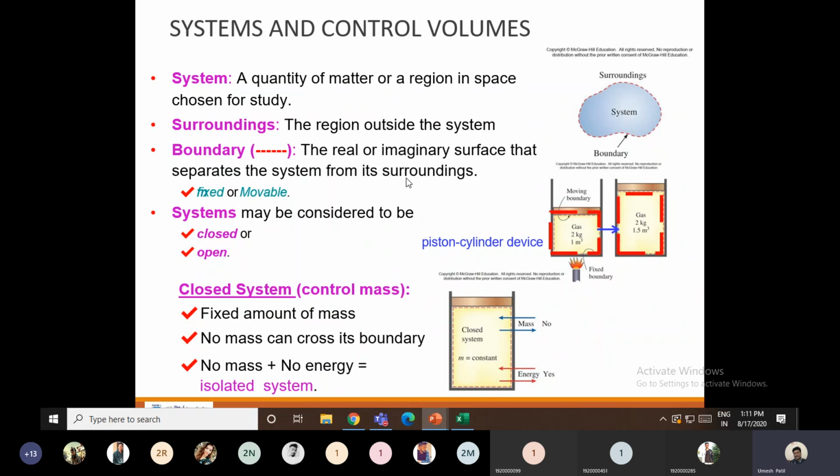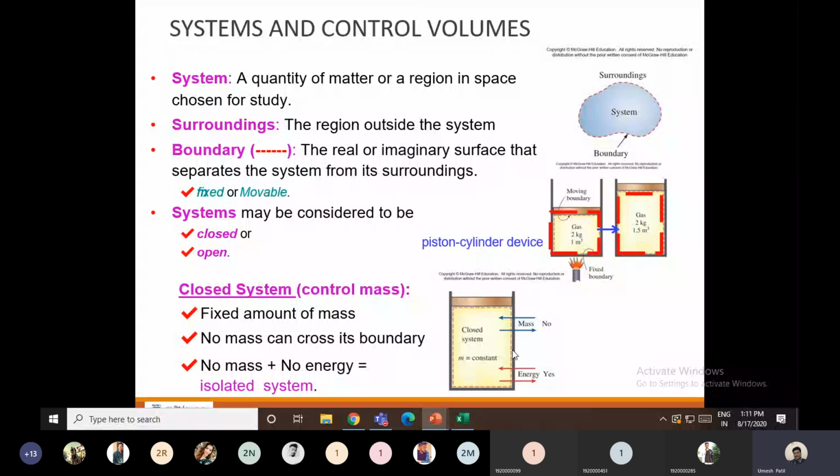Okay, so we'll start with the first type of system, that is the closed system, which is also called the control mass system. These closed systems are called control mass systems because the mass is not leaving the system, or mass will not cross the boundary of the system. Again, just observe this diagram shown on the slide. This diagram shows a piston cylinder arrangement.